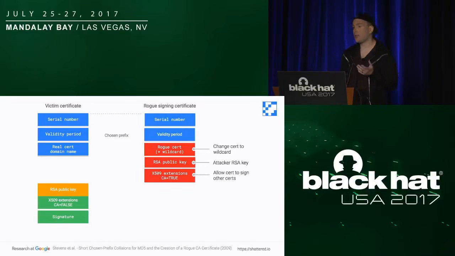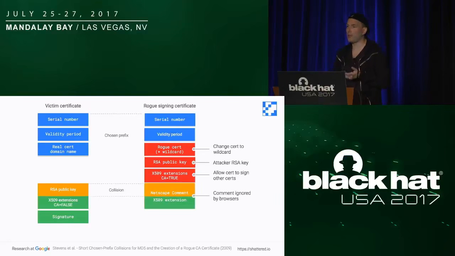And finally, you have to push back everything, right? Because remember, we have to keep the same data, so you have to both put the collision and you also have to put back the rest of the certificate. So how you do that? Well, you use what we call the Netscape comment extension. So it turns out there is one extension for SSL certificates, which is called the comment extension. No browser cares about it, but it exists.